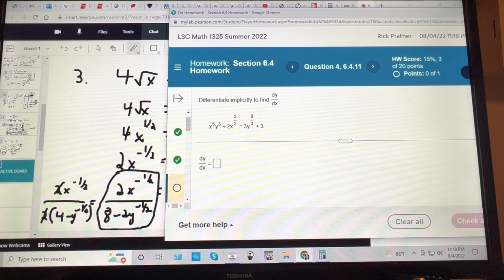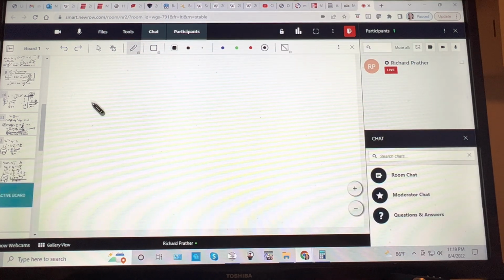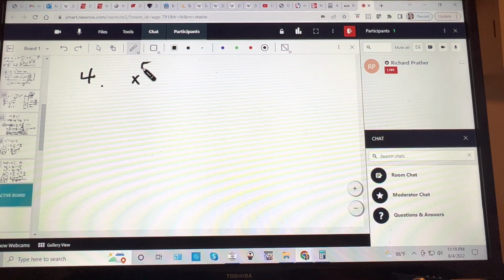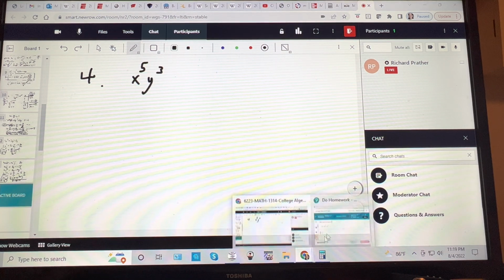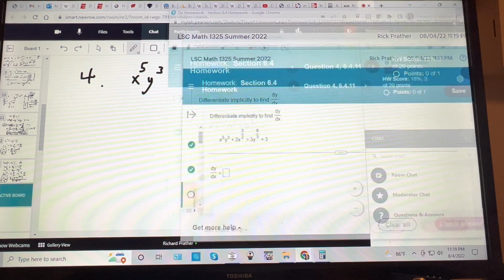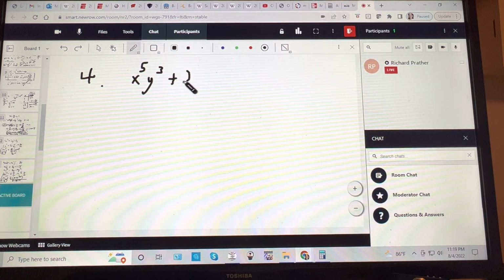This one is interesting. Let's try this number 4 here. There's an x to the 5th and a y to the 3rd multiplied together. So that's going to be a product rule right there. There's a 2x to the 3/2. That one's only about x.